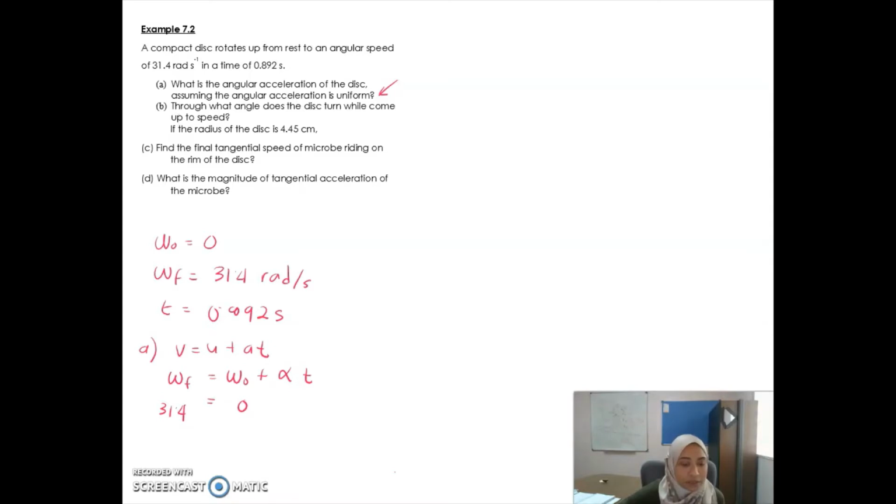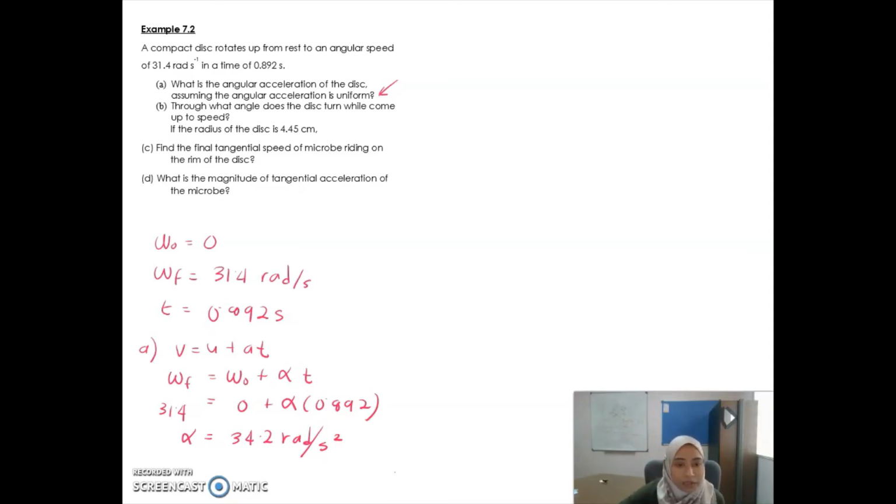I start from rest, so it's 0 plus alpha times 0.892. This will give me alpha as, let's check my calculation, it says here 34.2 radians. The unit is radians per second squared.